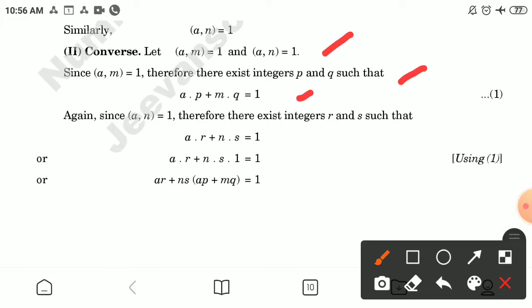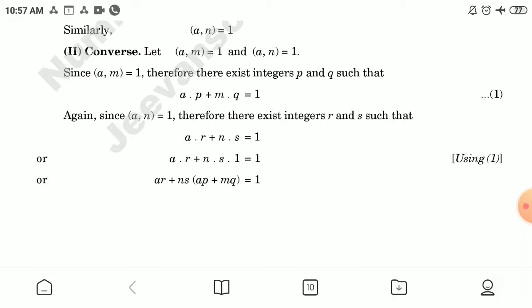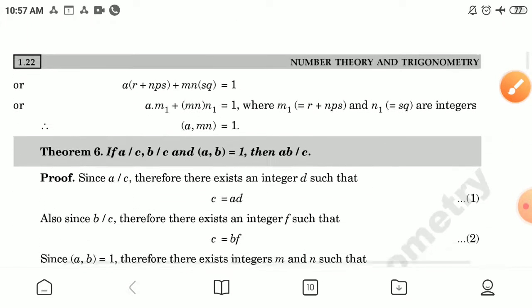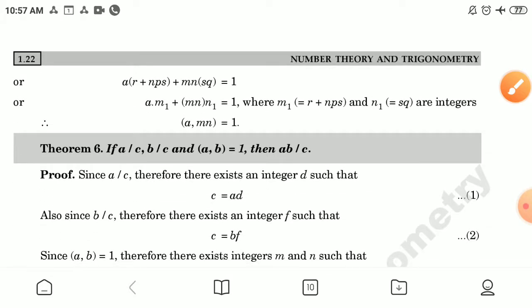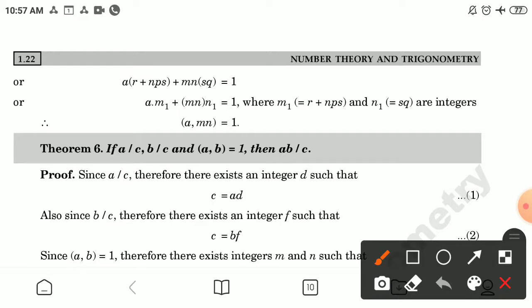Again, since greatest common divisor of A and N equals 1, there exist integers R and S such that A·R plus N·S equals 1, or AR plus NS·1 equals 1, using first here, or AR plus NS·(AP plus MQ) equals 1, or A(R plus NPS) plus MN(SQ) equals 1.